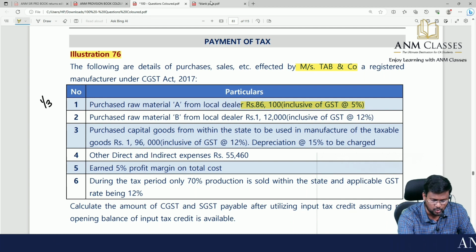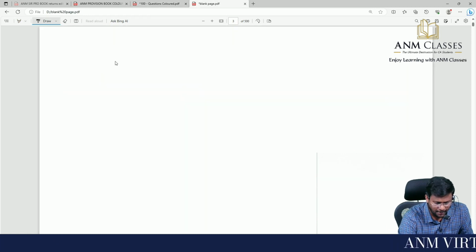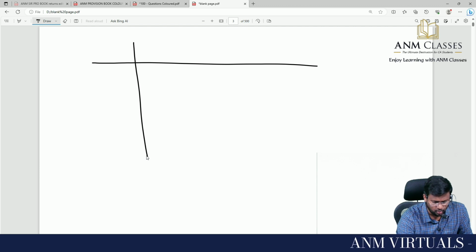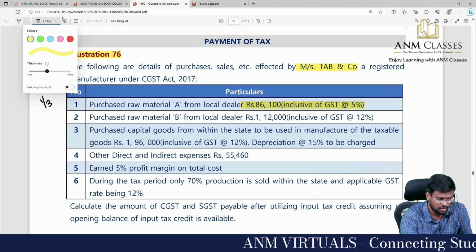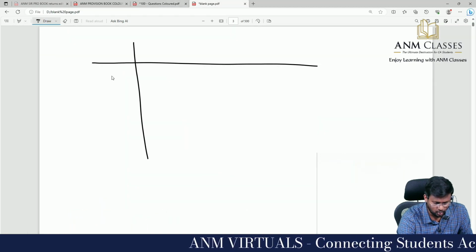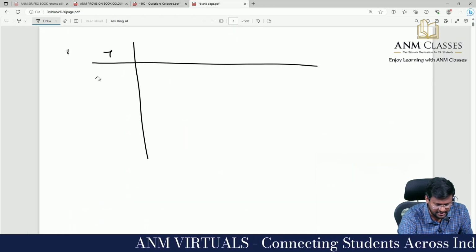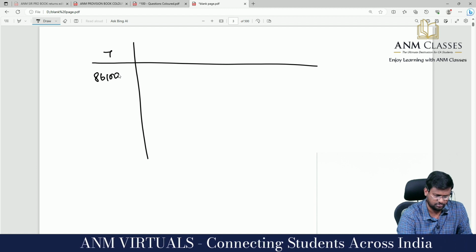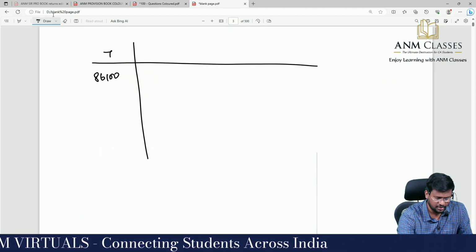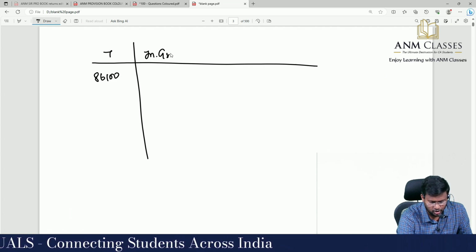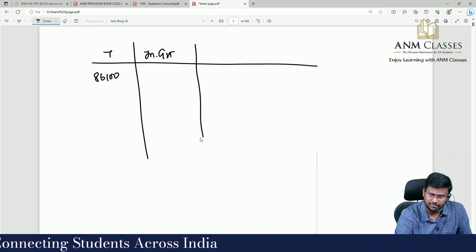The 86,100 includes GST. How much percent? 5%.